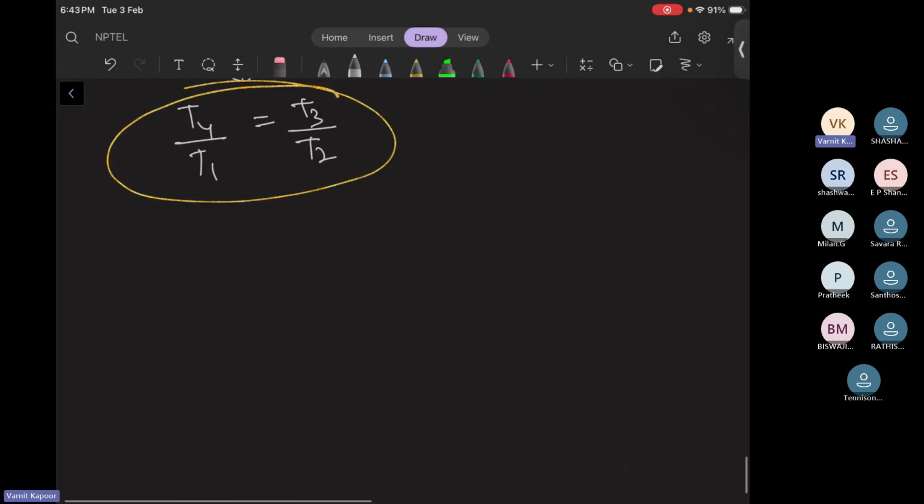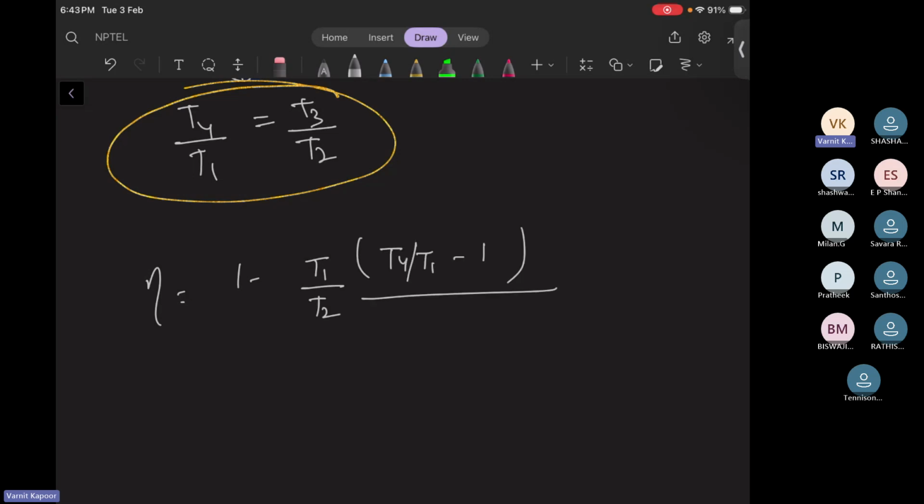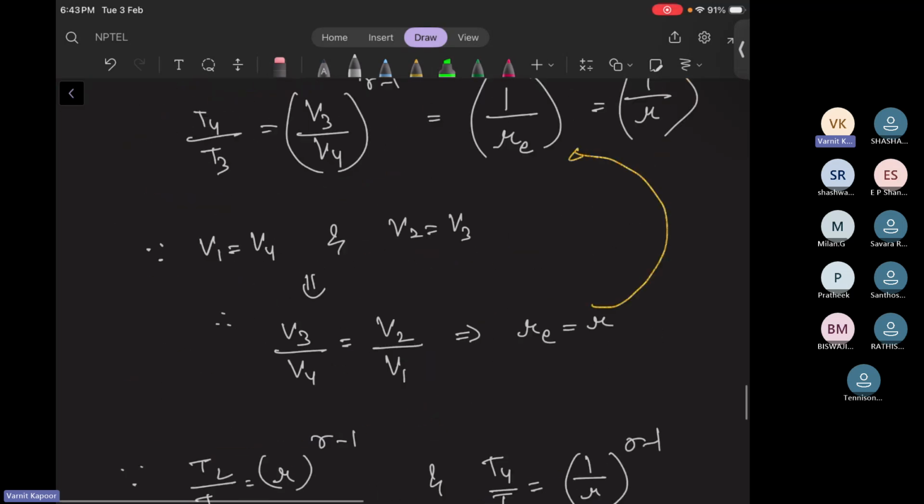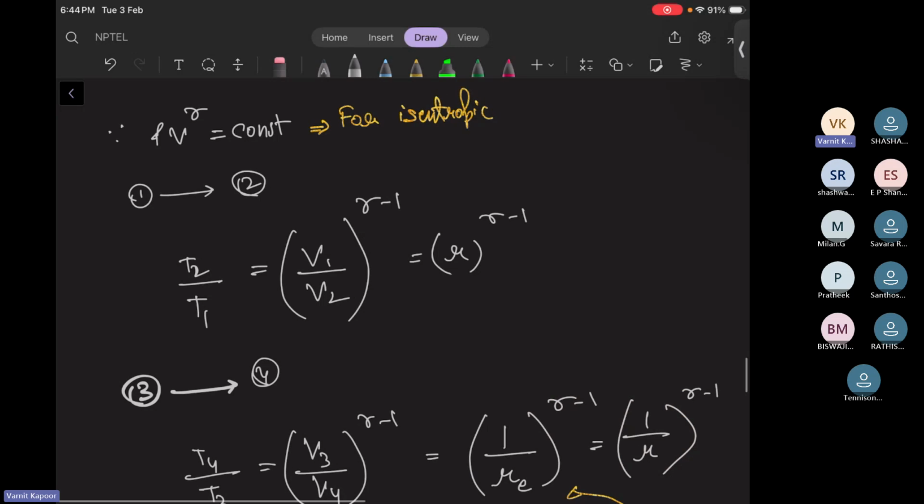So efficiency, I'll again write, was 1 minus T1 by T2. In the numerator it was T4 by T1 minus 1, and in the denominator T3 by T2 minus 1. From this, we can say that this and this cancel out. So we are left with 1 minus T1 by T2. And what is T1 by T2?